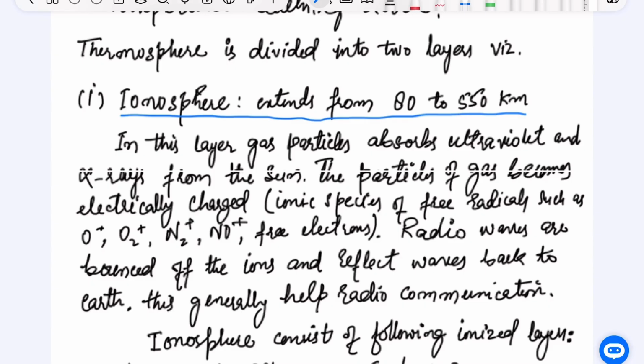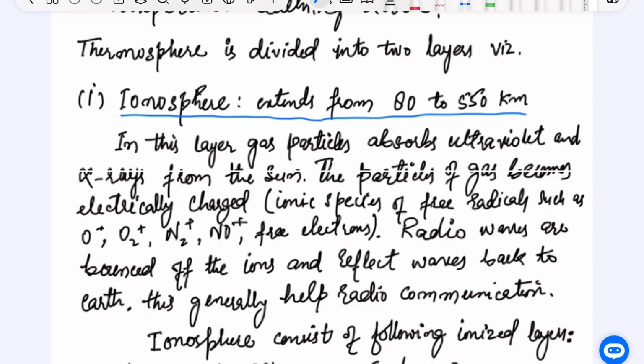In this layer, all the gaseous particles present absorb ultraviolet and X-rays from the sun. Now the particles of the gas become electrically charged after absorbing the ultraviolet and X-rays.